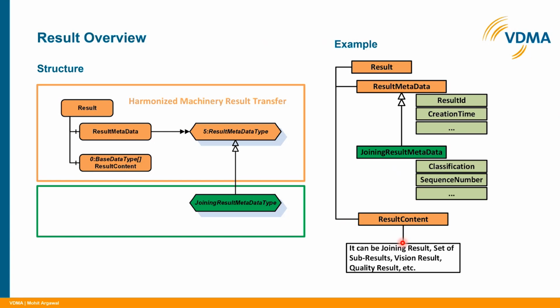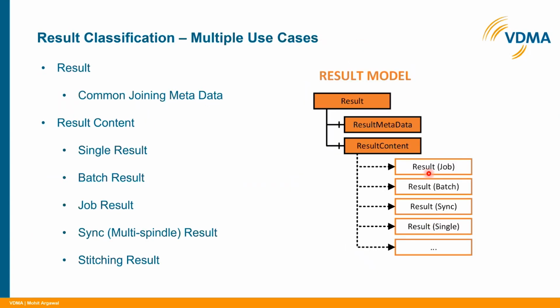And what did we define in the joining specification? We have defined concrete structures of what can be populated inside result content. There are different options which can be populated, and we have defined those using simple structures in the specification. What are those options? Every result will have a set of metadata which is defined by a common set of properties.